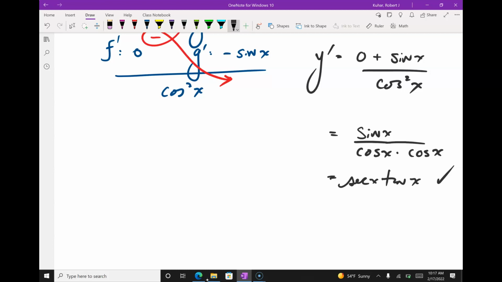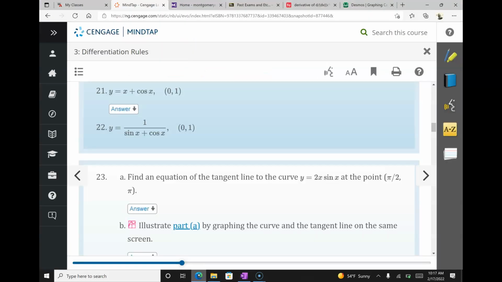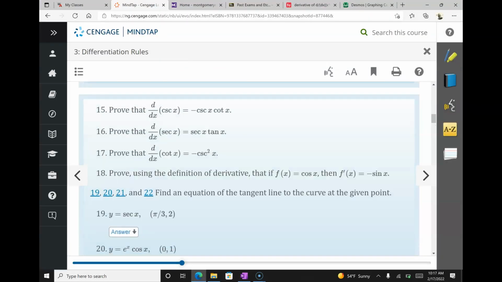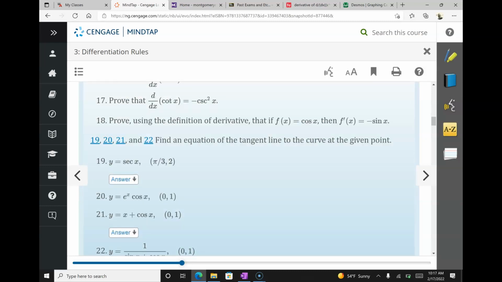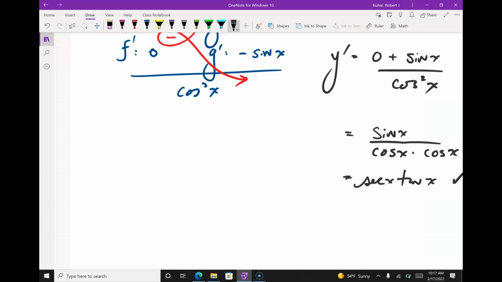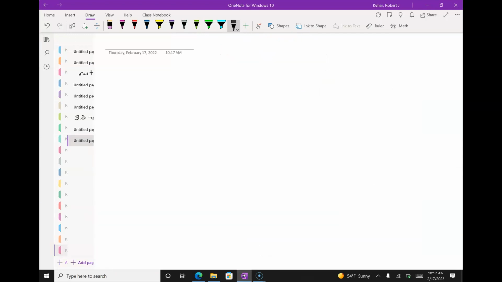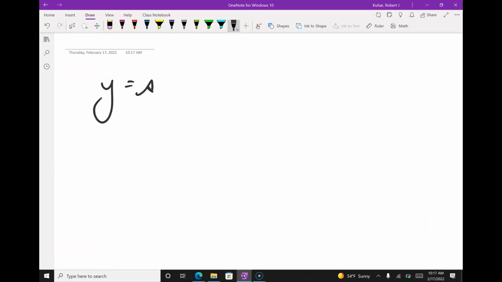All right, let's do a couple problems here. Oh, here, let's do a tangent line with y equals secant of x at pi over 3 comma 2, right? So y equals secant of x, and I want the tangent line at x equals pi over 3.